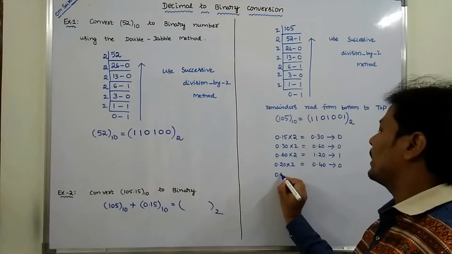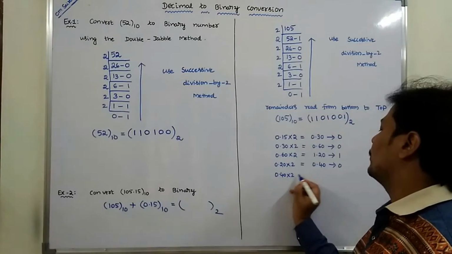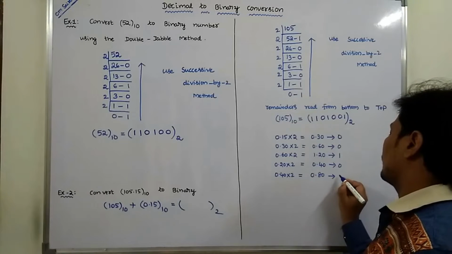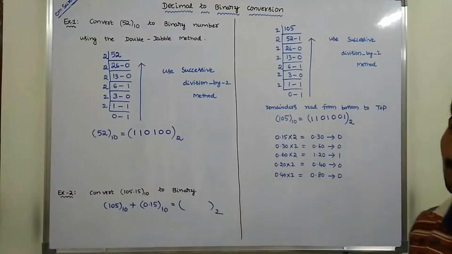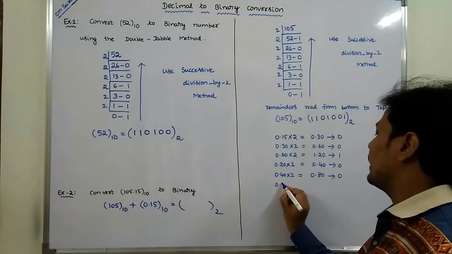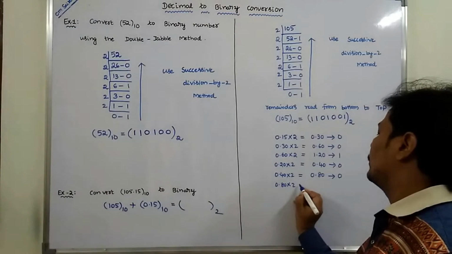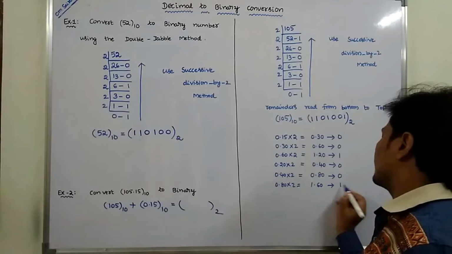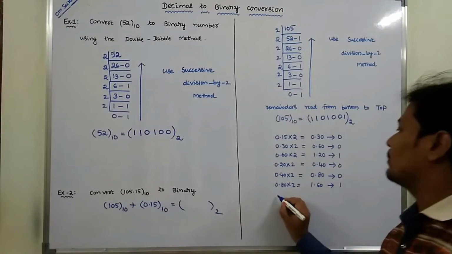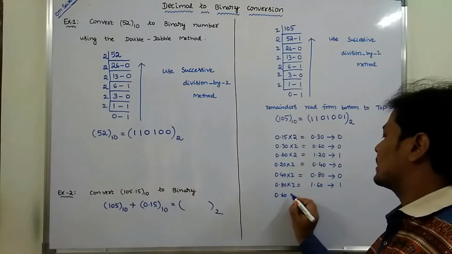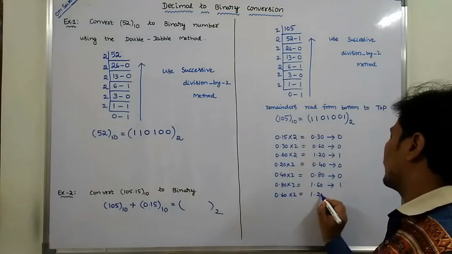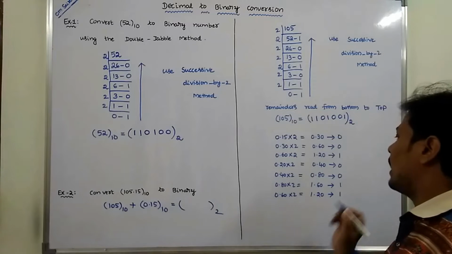Now 0.40 into 2 is equal to 0.80. Here the integer part is 0. Now 0.80 into 2 is equal to 1.60. Separate the integer part. The remaining fraction part is 0.60 into 2, that is equal to 1.20. Separate the integer part 1.